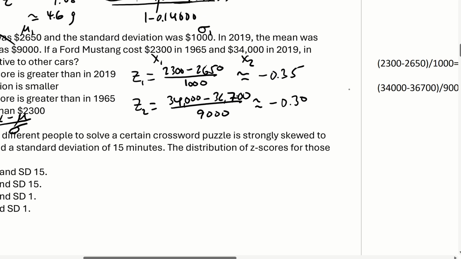So this one is less expensive because that number is less than this number. So z1 is less than z2, which means z2 is more expensive, slightly more expensive. So the $34,000 is more expensive, not because of the $34,000 price tag, but because relative to its mean price and standard deviation, it's pricier.